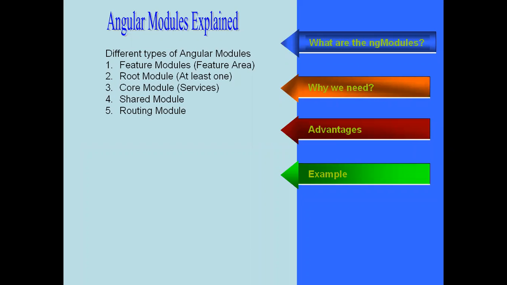A database connection should not be created multiple times, it should be only once, and then we can do further operations on it. Services can be of any kind, but that service should have only one instance, and that is part of the core module.